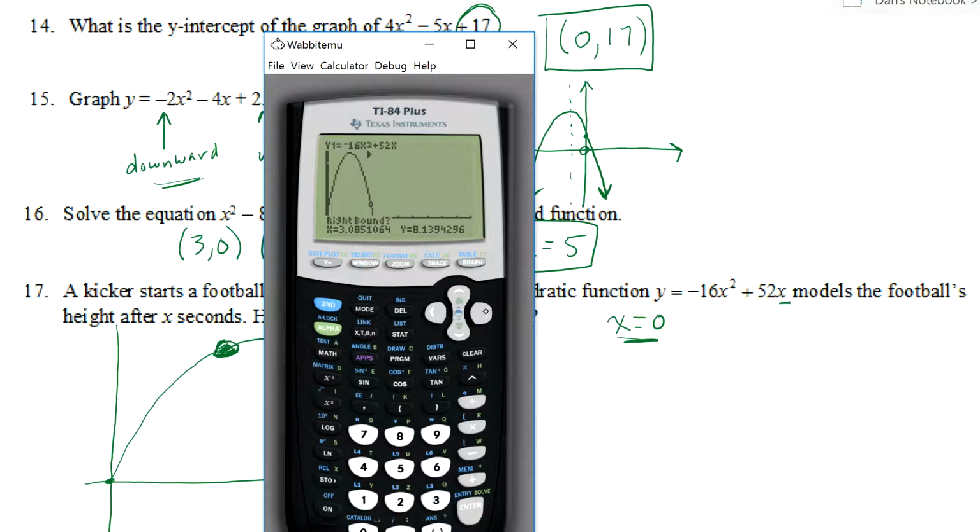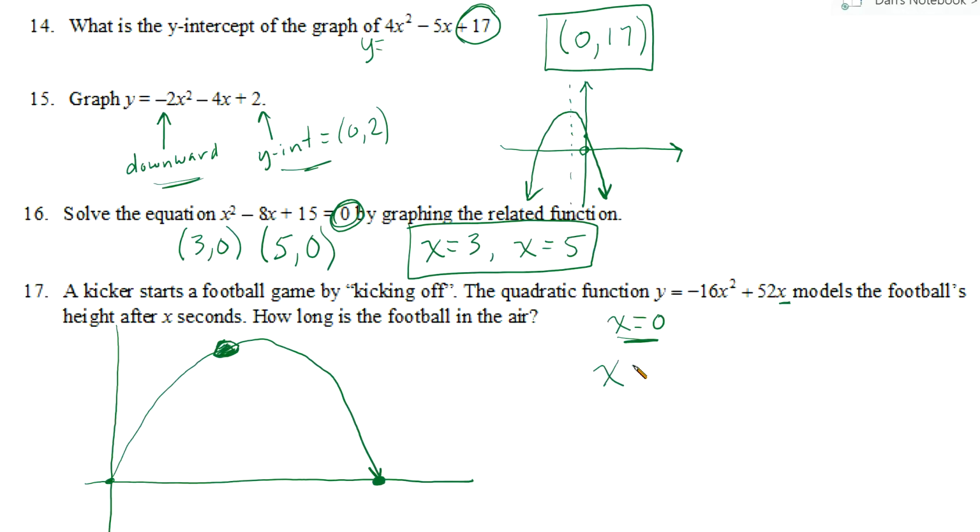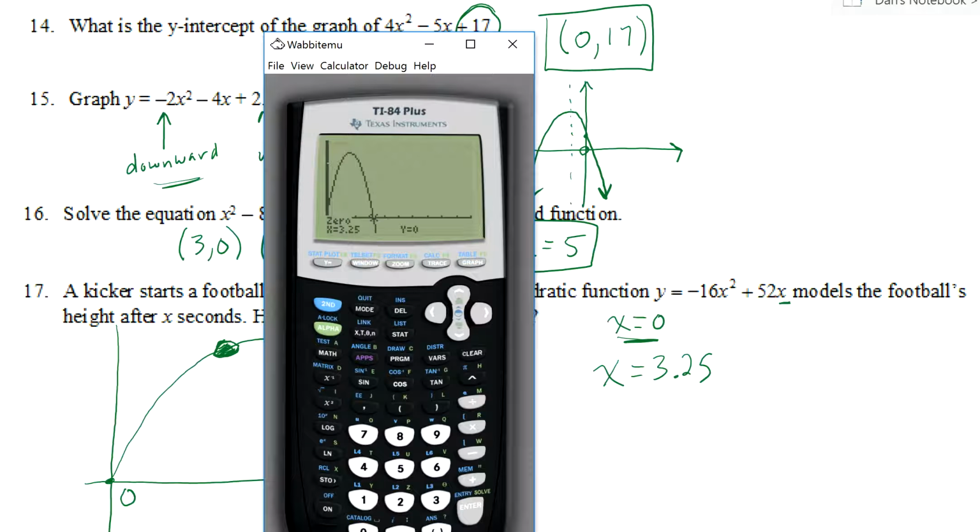Push enter. Go right of it until it's below that point. Enter. Push guess. Push enter. So it's 3.25. So this is at 0, and this was at 3.25. That's my graph right there.